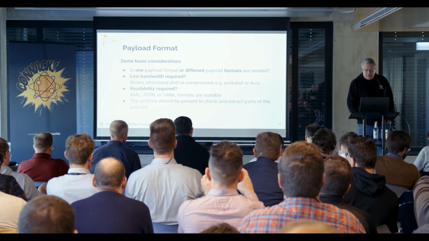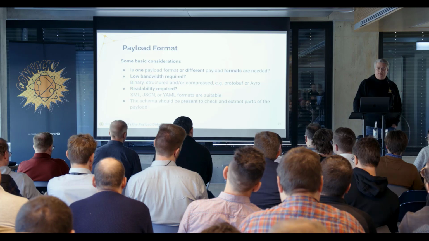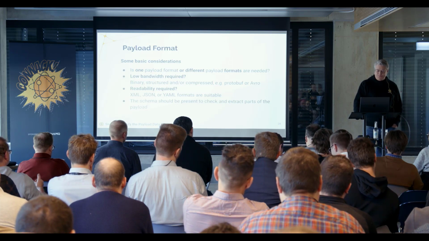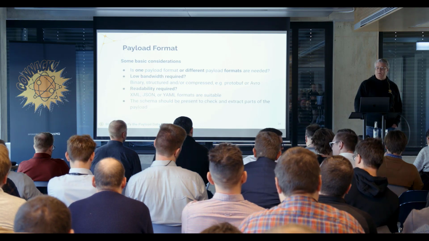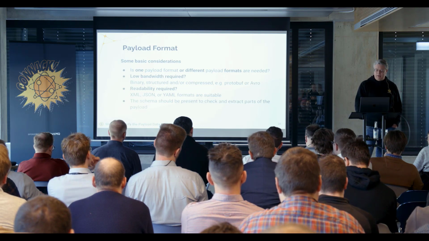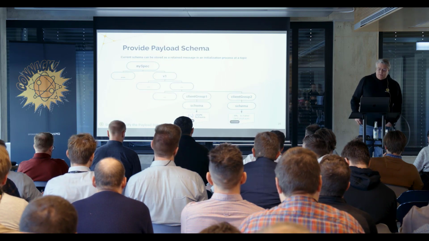And it's always also a good pattern to provide this schema to clients within your topic structure to be present to check the data format and the schema. So it could look like this one.